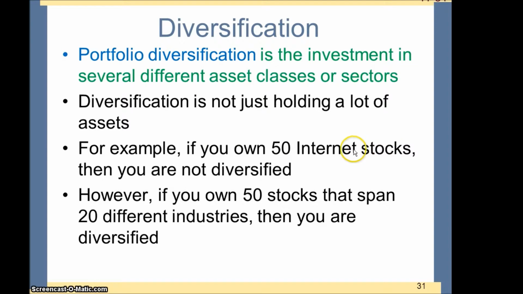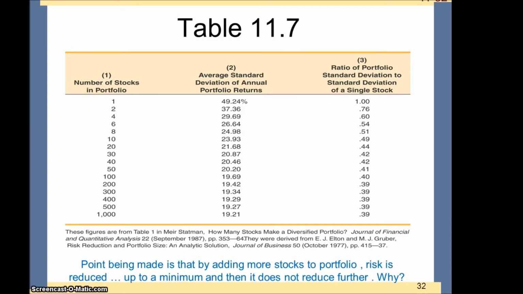Because all the stocks are from the same industry, that is the IT industry. What if you own 50 stocks but from different industries? Yes, you diversify your investment. In other words, do not put all your eggs into the same basket. It's called diversification.